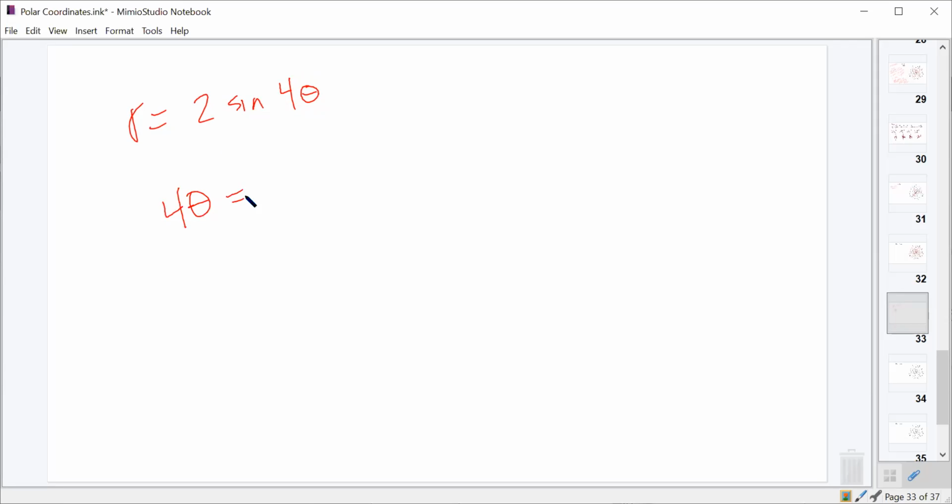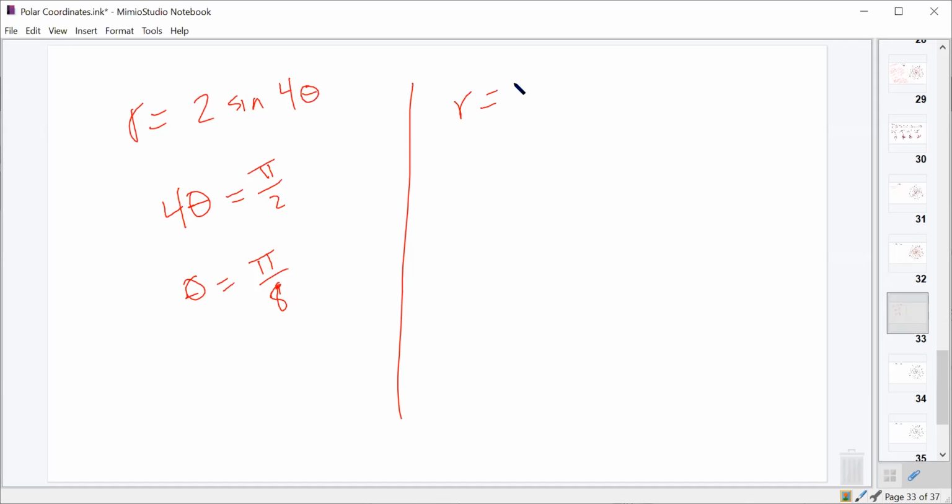Pi over 2. So for this one, and this isn't normally a value that's nicely on a chart, this one ought to have 8 petals, and the first one should be at its max at pi over 8. And then they'd just be evenly spaced out around.